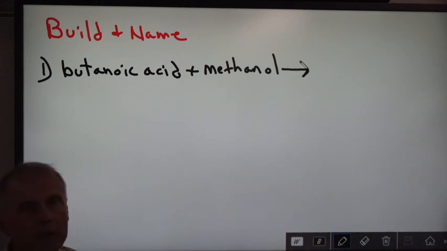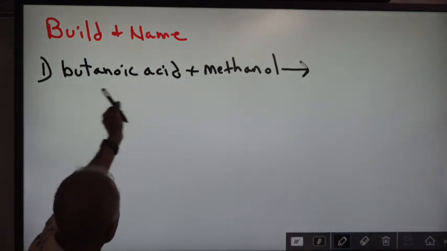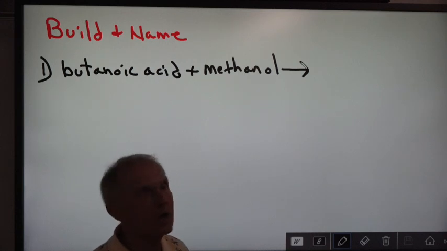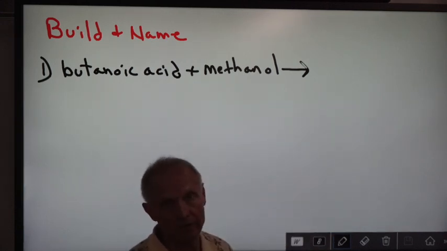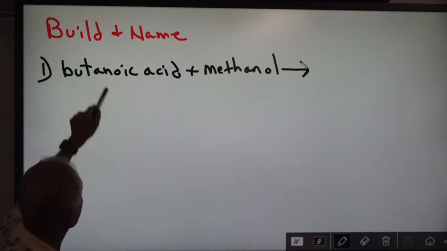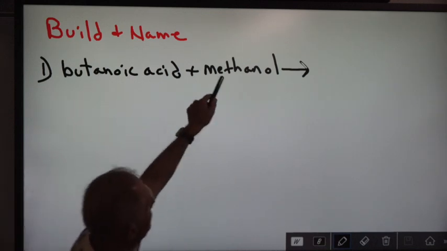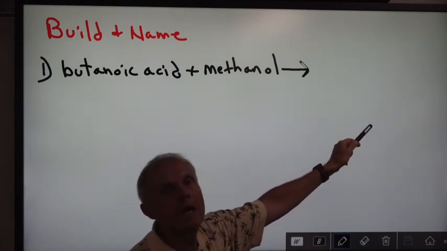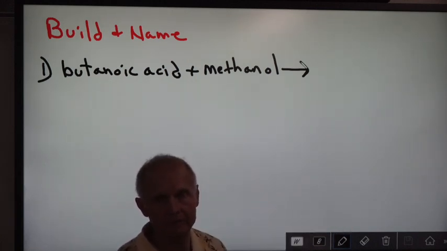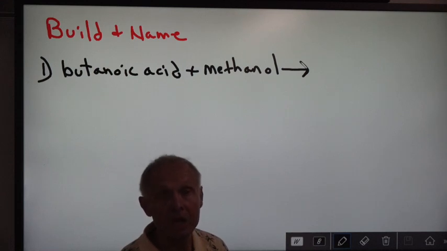So the first one you have to do, you're going to write down butanoic acid and methanol, and then you're going to name it on the other side. And don't forget to add water over there. Then you're going to build the structure for butanoic acid, build the structure for methanol, take water out, build the structure over there, and then give me your molecular formula. Okay? Be careful with these.